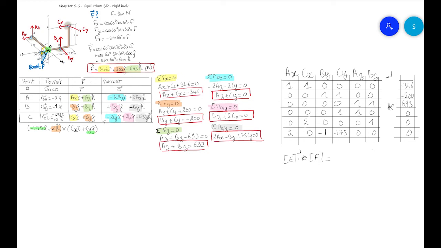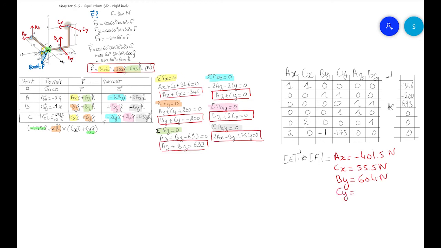And we find AX equal to minus 401.5 Newton. CX, in the same order as here, is 55.5 Newton. BY is equal to 604 Newton.